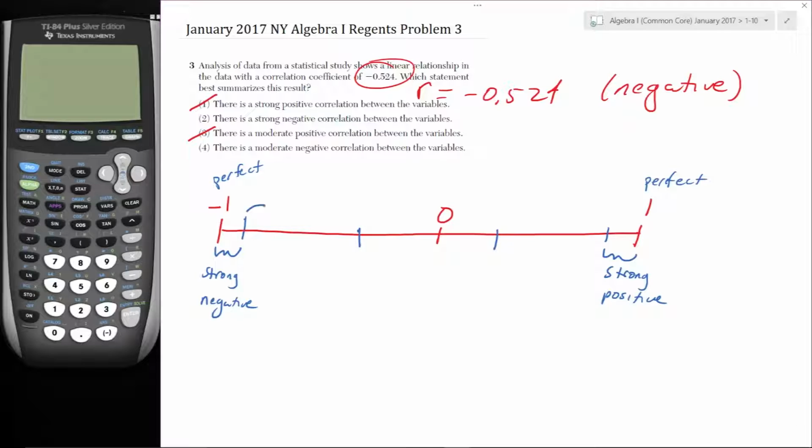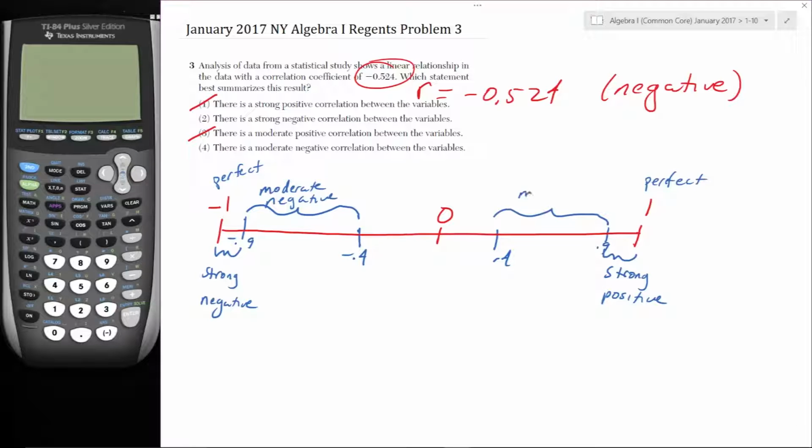Okay, from here to here, this is moderate negative. Let's say this is like 0.4. Let's say this is 0.9. Negative 0.9, negative 0.4. This is positive 0.4. This is positive 0.9. So that's moderate negative, and here we have moderate positive.